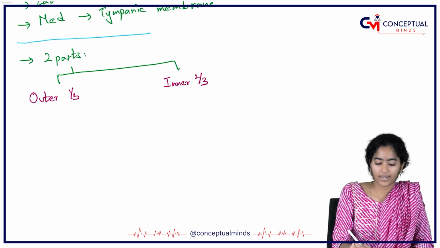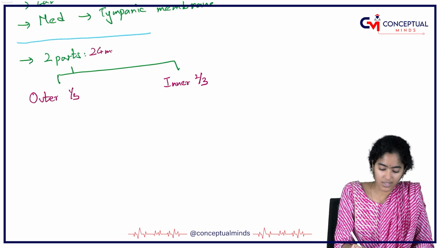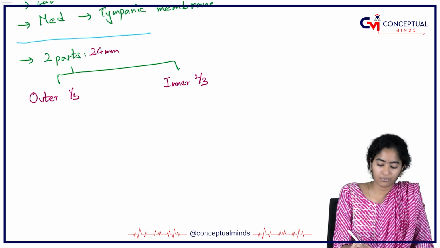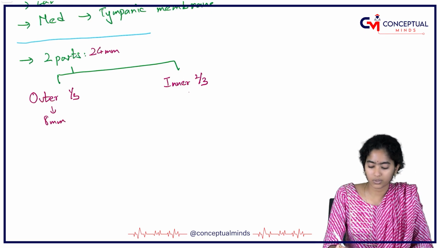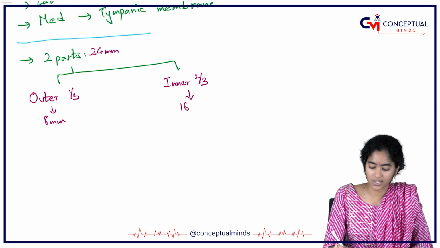Now, the external auditory canal is 24 millimeters in size. So, outer 1/3, 24/3, is 8 millimeters and inner 2/3, 24 into 2/3, is 16 millimeters.